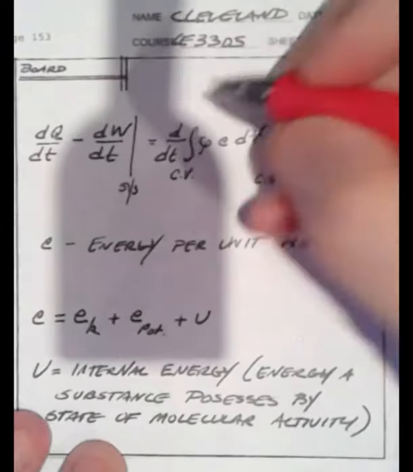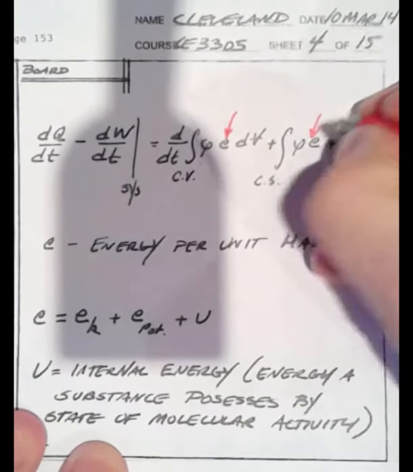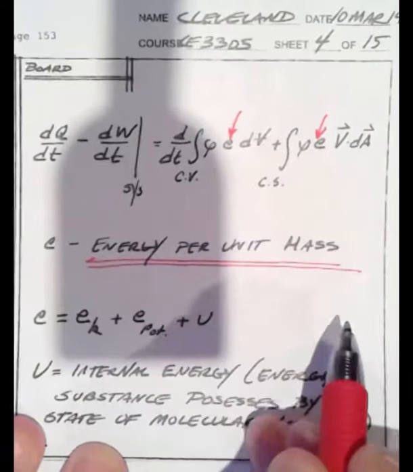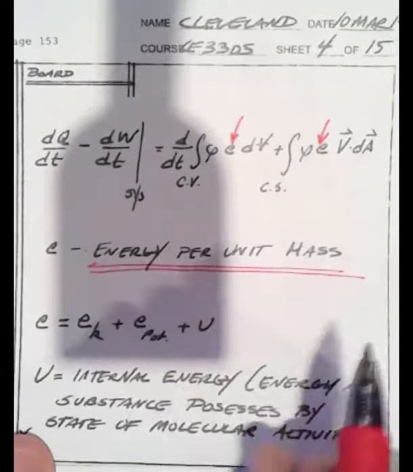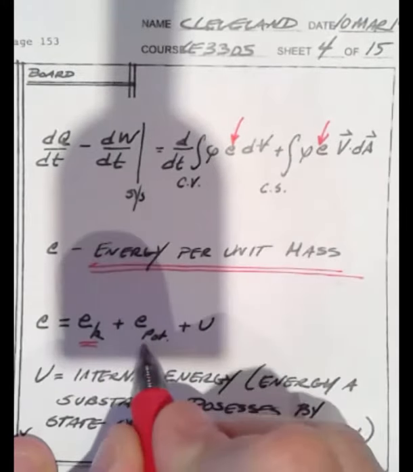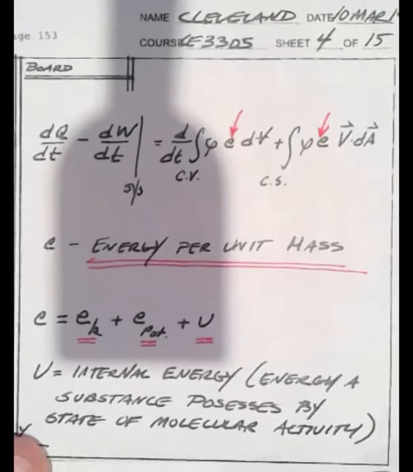So the beta in this case are these little e's, and that's the energy per unit mass. Okay, the energy per unit mass is comprised of a kinetic energy component, a potential energy component, and the internal energy that we saw earlier in the class.